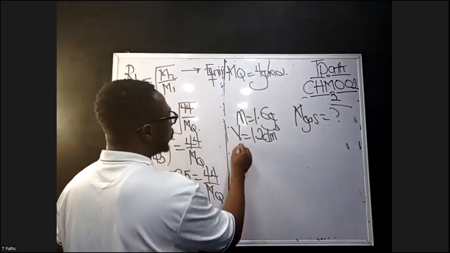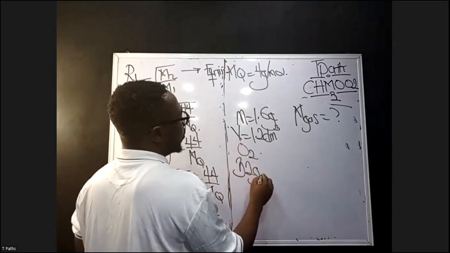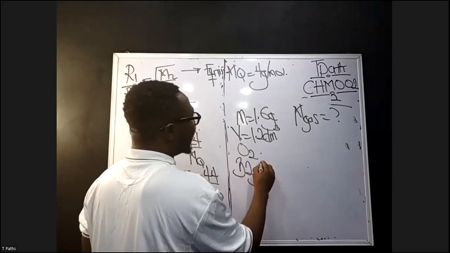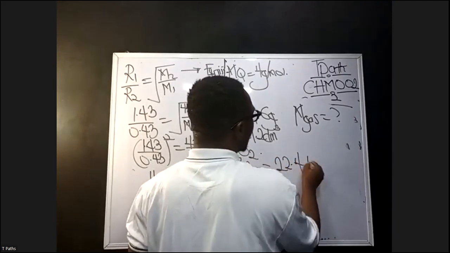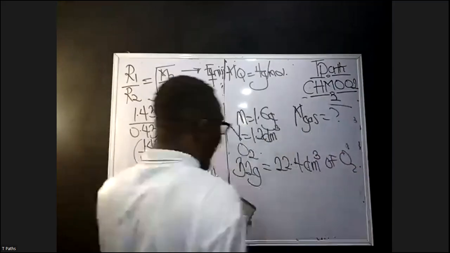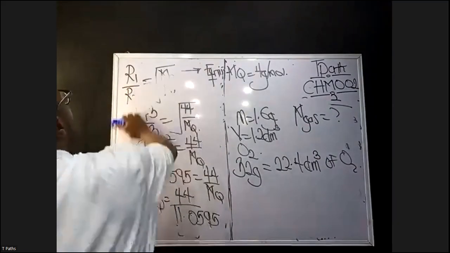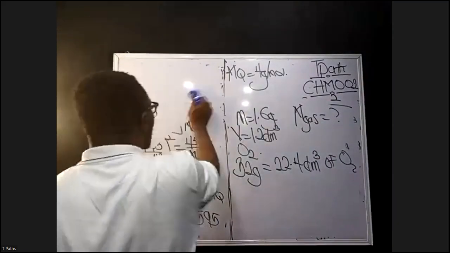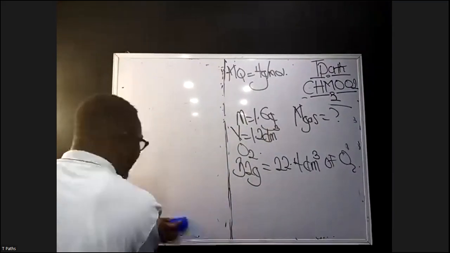Let's consider a gas, O2. 32 grams of oxygen gas is equal to 22.4 dm³ of oxygen gas. Normally, this is what you do: you recall your mole relationship. Some people are wondering what is going on here, since we don't know the gas.